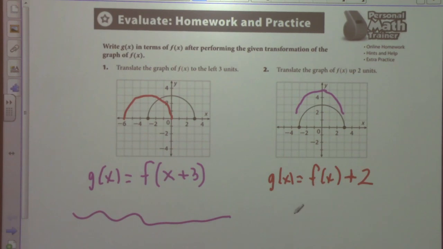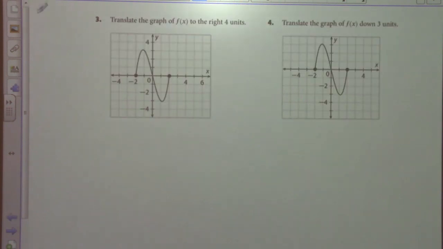Now, 3 and 4 are kind of similar to 1 and 2, so I want you to work on those briefly, and we'll go over them in a couple minutes, okay?